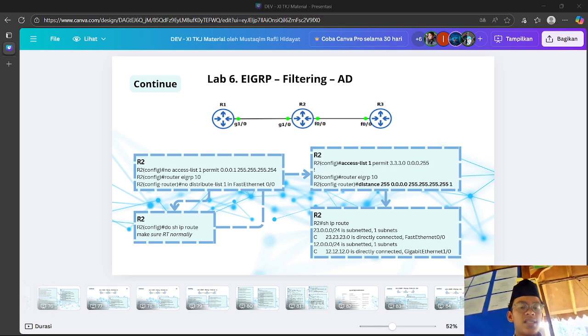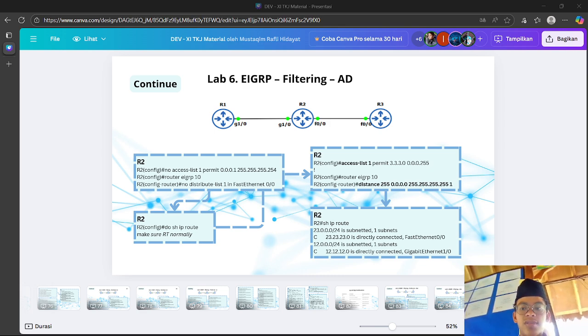Okay, I would like to explain what administrative distance, or AD, means. Administrative distance is a value used by the router to decide which routing source or protocol is the most trustworthy when there are multiple routes to the same destination.